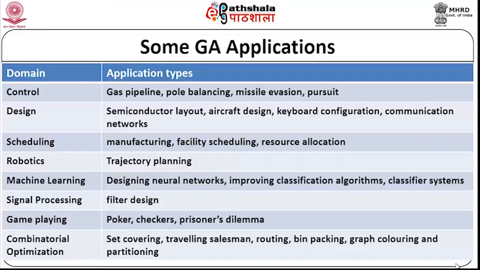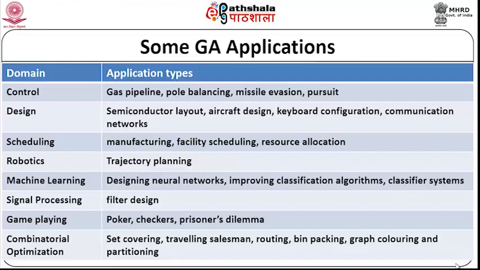Then scheduling problems, such as scheduling of aircraft, facility scheduling and so on. Then you have trajectory planning, planning being another operation that we do. Then you have machine learning applications like optimization, improving the algorithms and so on.